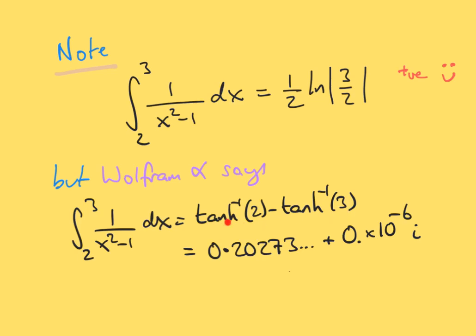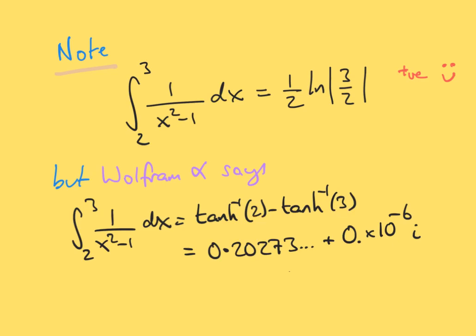So what it's done is it's evaluated these things numerically, and tangent to the minus 1, remember its domain was only for x between plus and minus 1, and now we have x is 2 and x is 3.